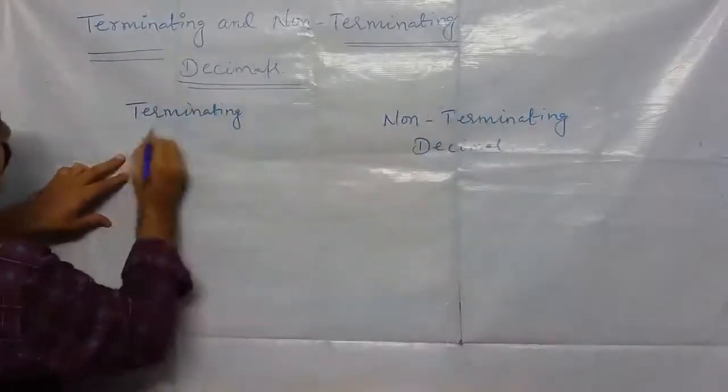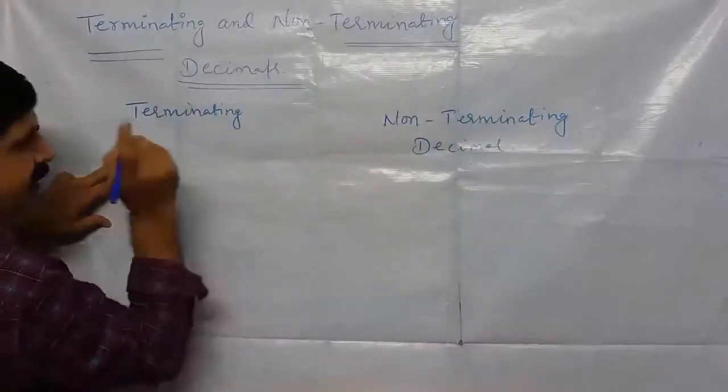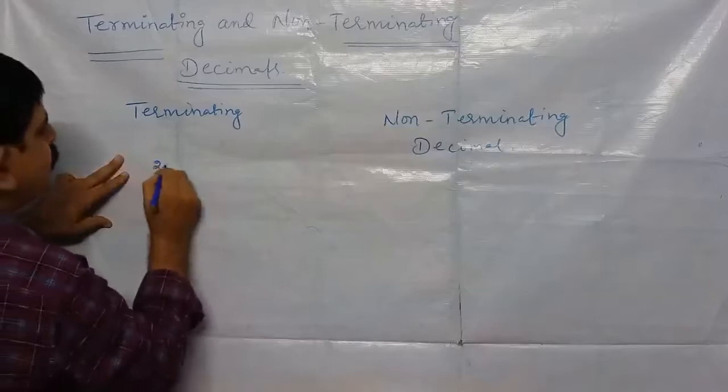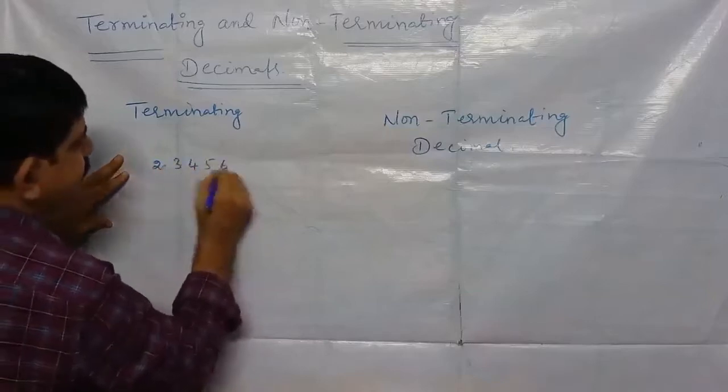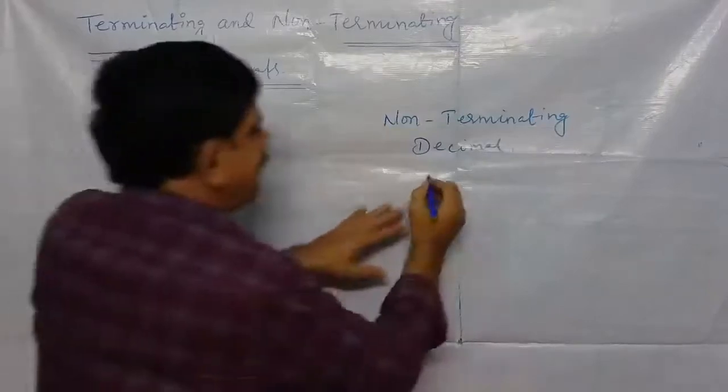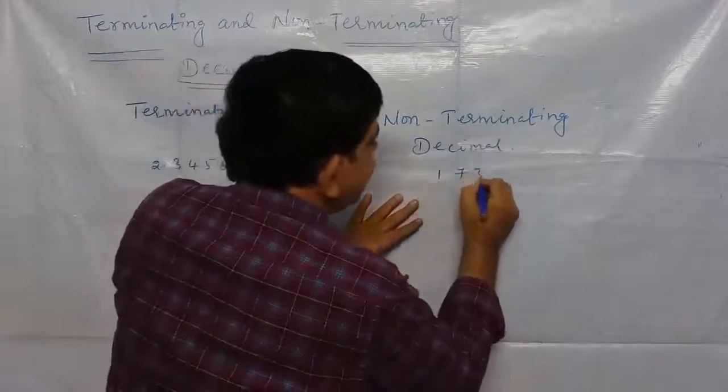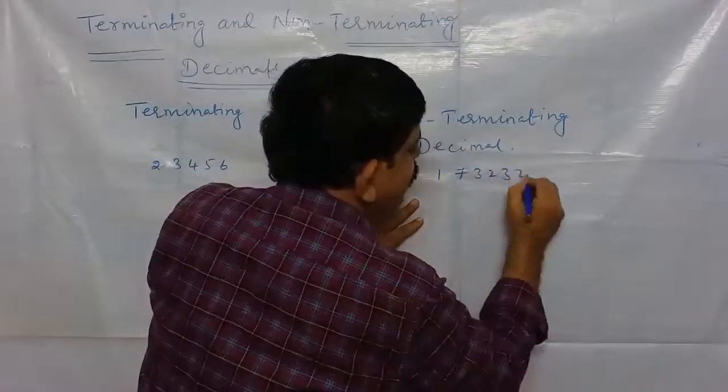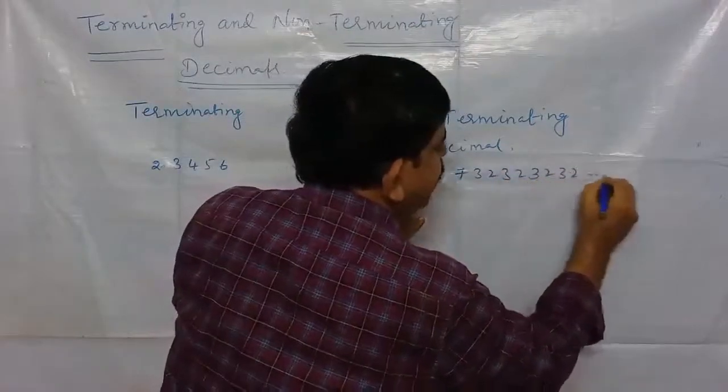Suppose here take one example, that is 2.3456, right? And next one here 1.7323232 and so on.